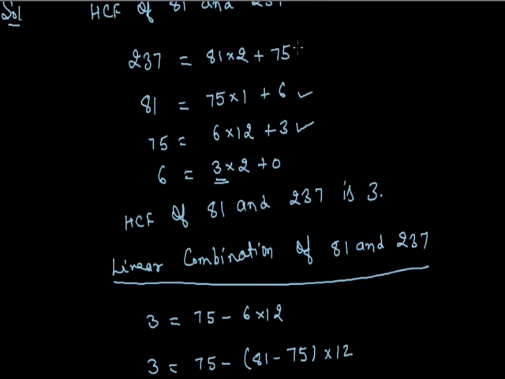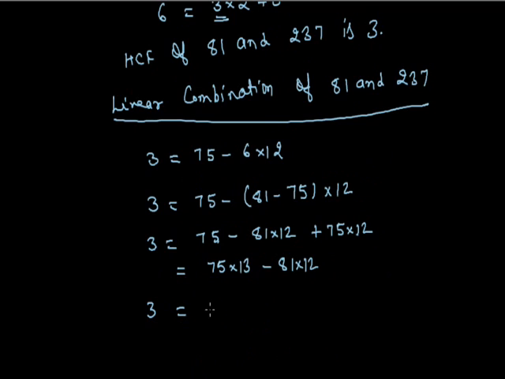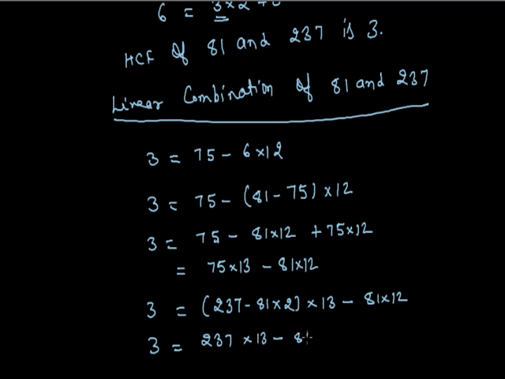Now from the first step, 75 can be written as 237 minus 81 multiplied by 2, multiplied by 13, minus 81 multiplied by 12. So 3 can be written as 237 multiplied by 13 minus 81 multiplied by 26 minus 81 multiplied by 12.